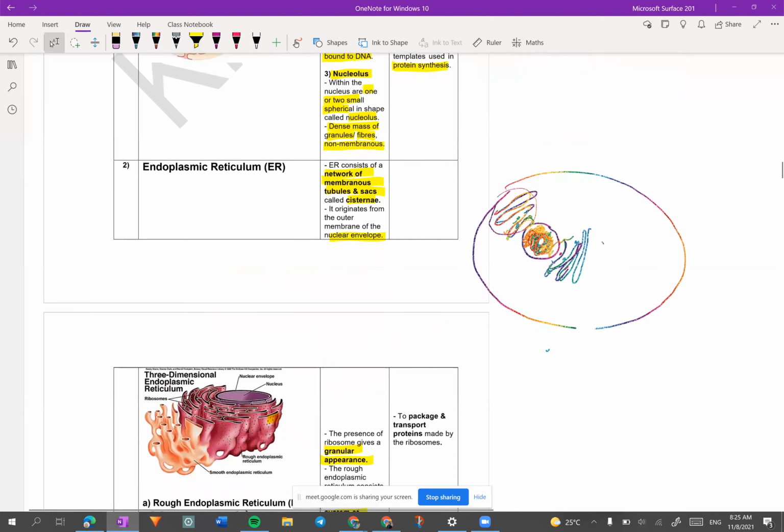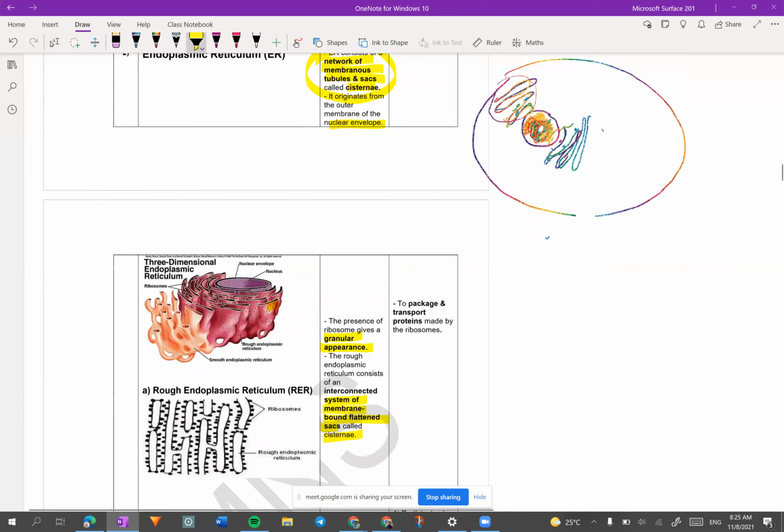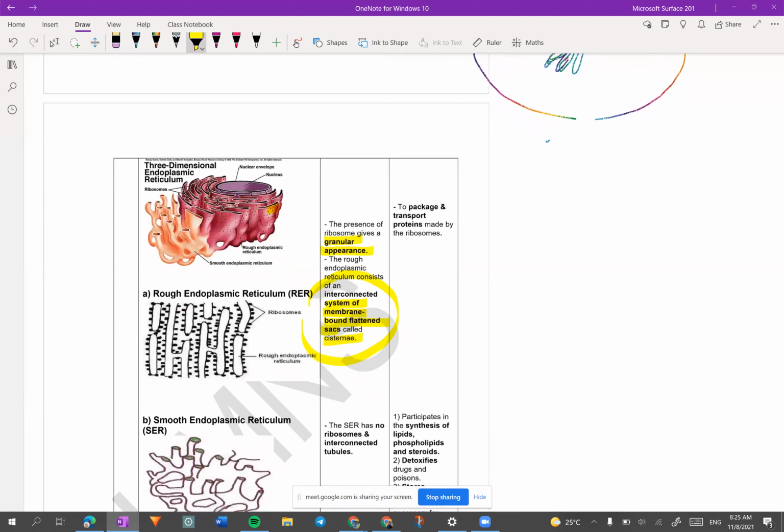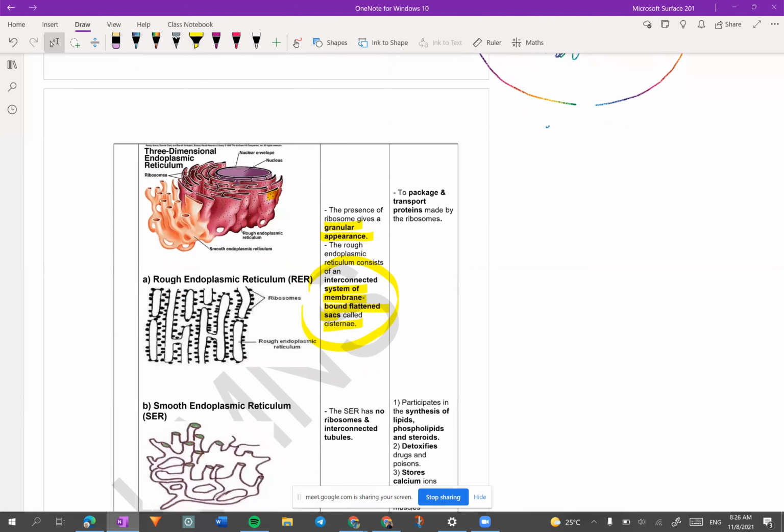You can use this as the definition of cisternae, but usually they don't ask for the definition of cisternae. You just need to state that something has cisternae. That is more important, right?